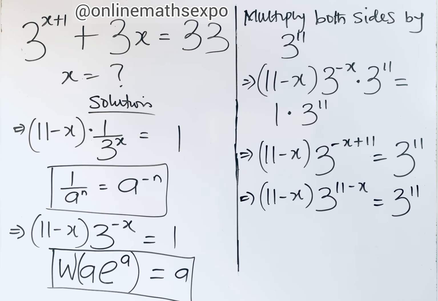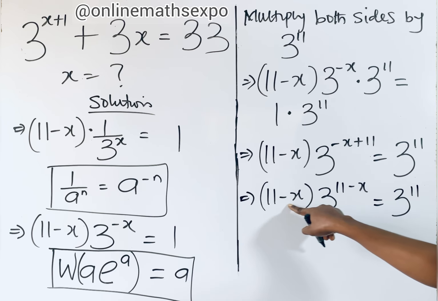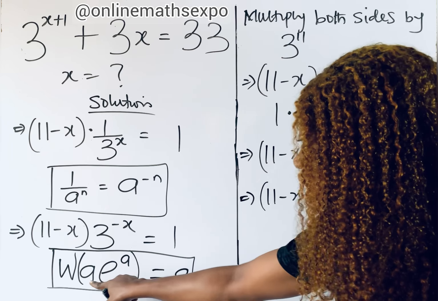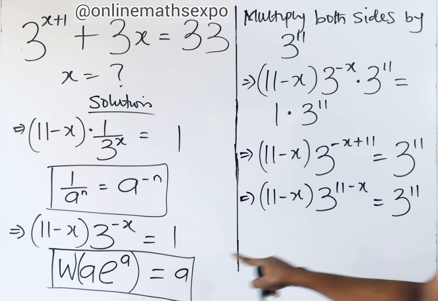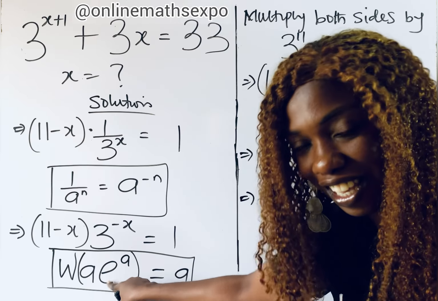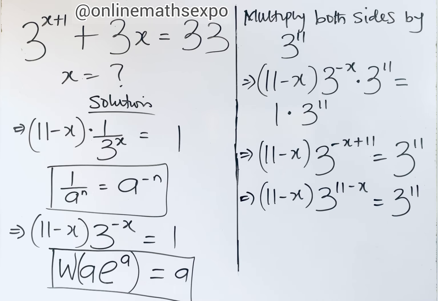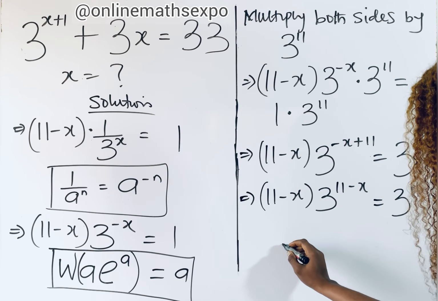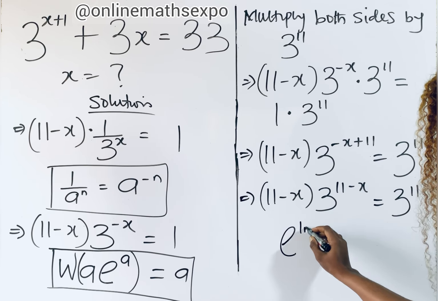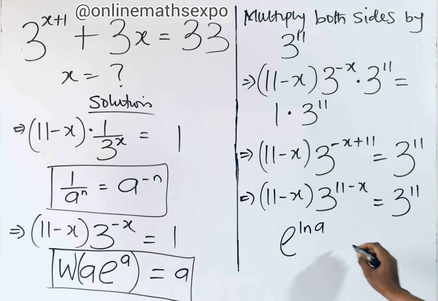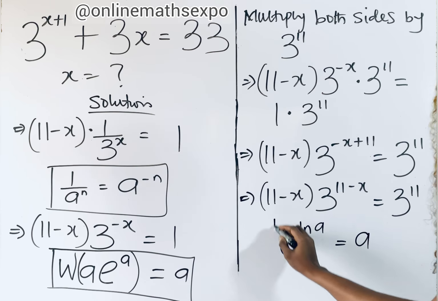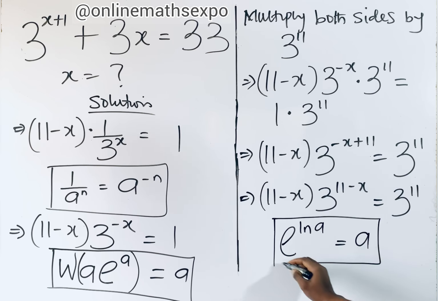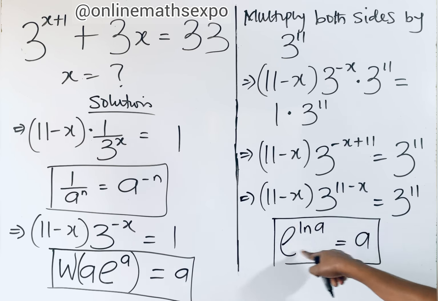Now what did you observe? You observe now that this power is the same as the coefficient, just like what we have here. But what you have here is 3, and what you should have is a. So what do you do? Just quickly remember that each time you have e raised to power of ln of a, it is always equal to this a. Okay, so what we are going to do is we are going to now put this 3 in this form.